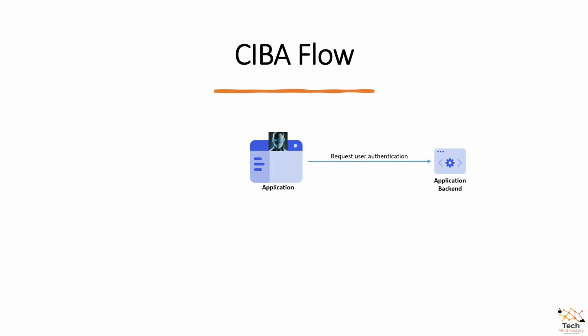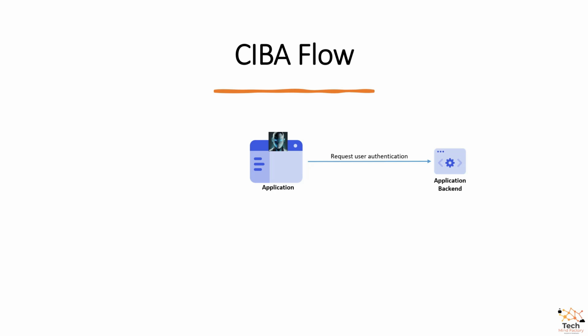And now this specific application would like to request user authentication. So let's say that this is a single page application and the user would like to access something. In this case, this application is requesting user authentication using the application's backend.